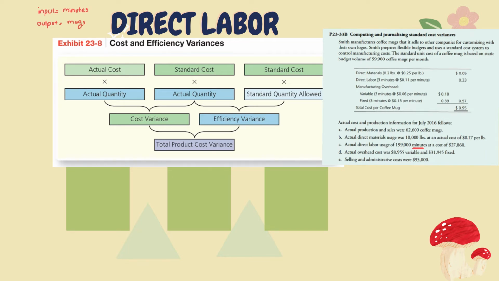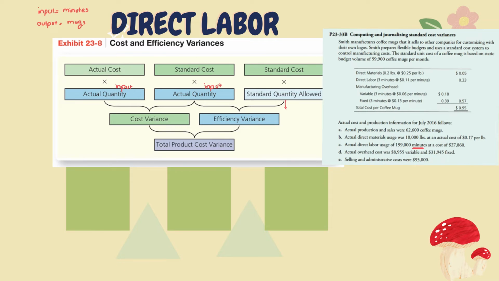Okay, so I need to multiply actual cost with actual quantity, which is actual input. For the second one, standard cost or budgeted cost by actual input. The last one, standard cost or budgeted cost multiplied by standard quantity allowed.